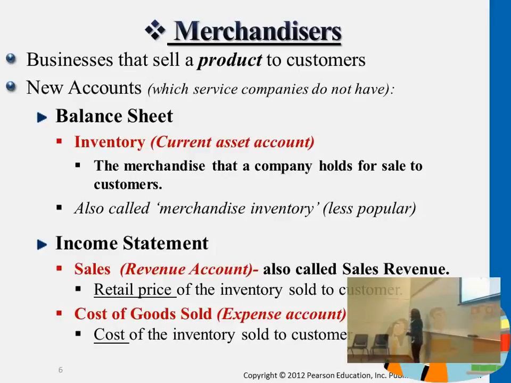Here, for a merchandiser, inventory is an asset account for the goods that we purchased from the wholesaler or supplier. When we resell it to our target customer, it turns into cost of goods sold. Whatever amount was earlier captured in inventory, once we sell it to a customer, turns into cost of goods sold. This is an expense account when we sell it.